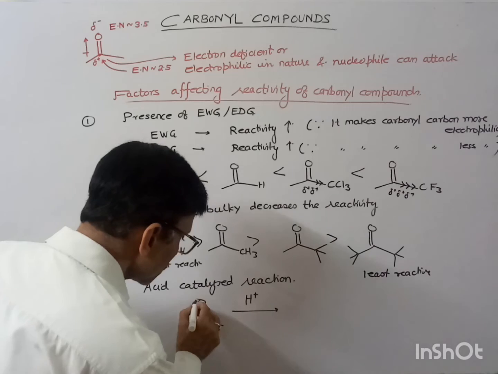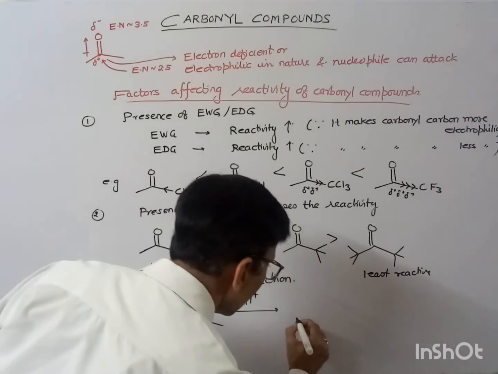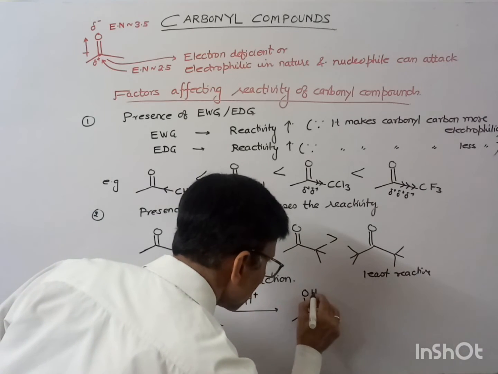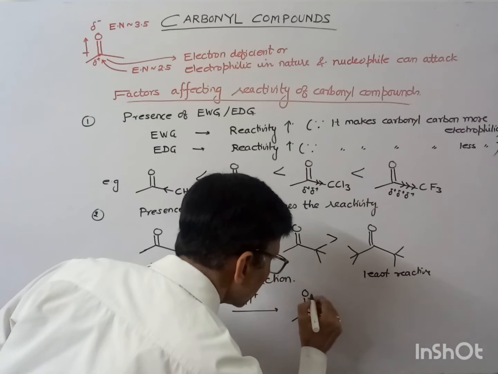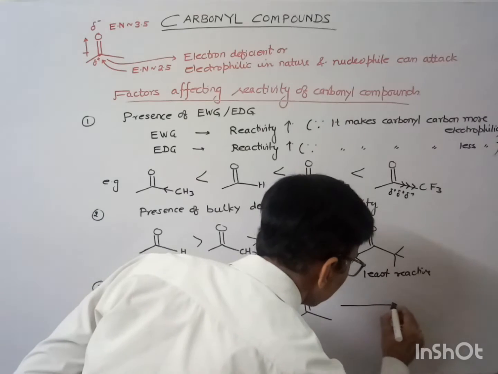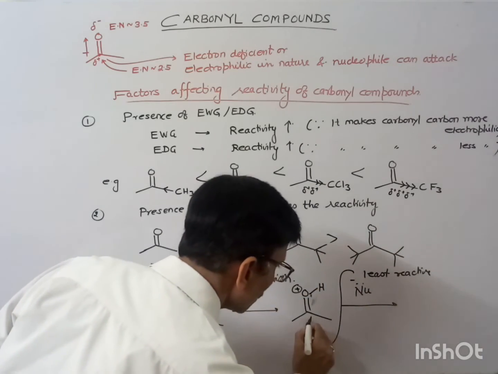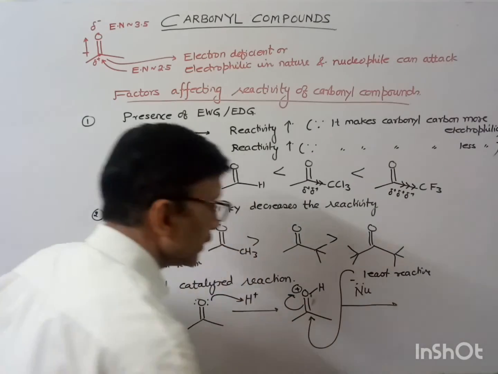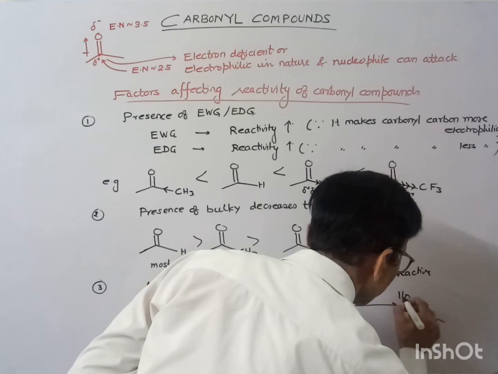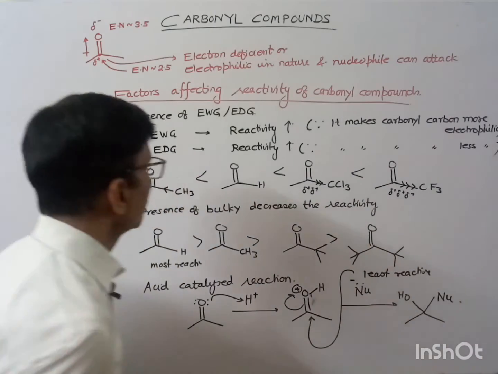So in the presence of this acid, this oxygen will get protonated like this. And in the next step, the nucleophile can easily attack over here, so that this positive charge gets neutralized.